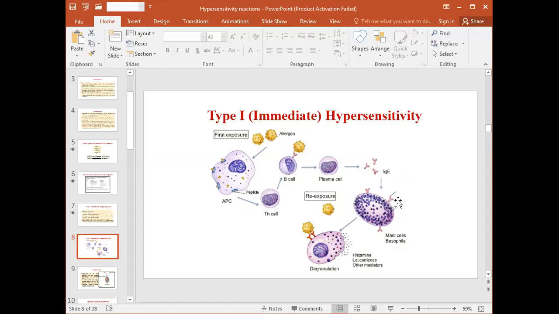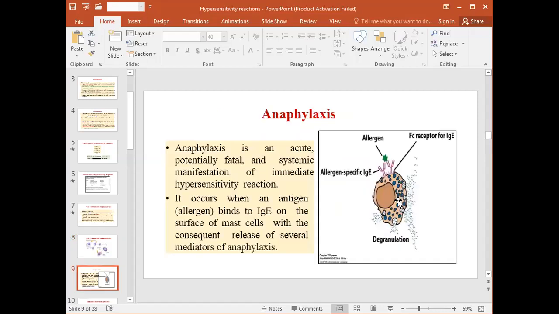Other mediators can also be released by the degranulation, such as chemotactic factors, which are responsible for drawing in circulating eosinophils and basophils, and platelet activating factors, which further contribute to the vascular changes seen in this particular reaction.